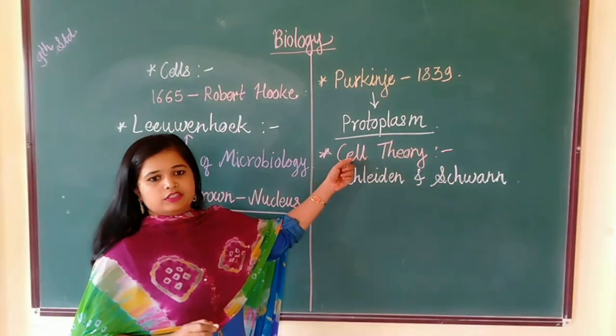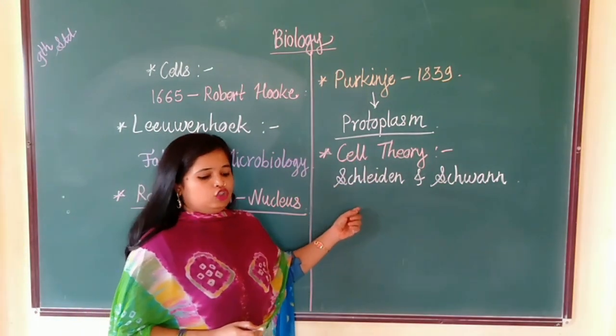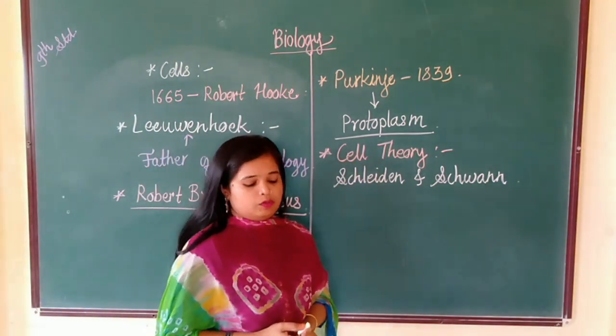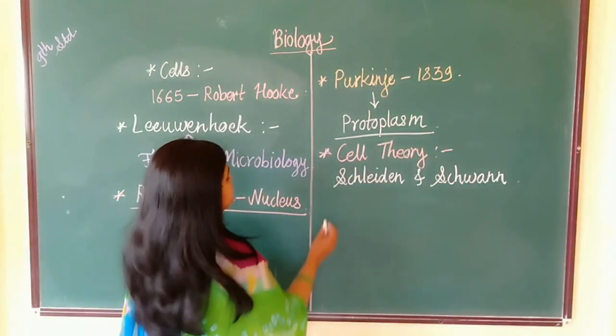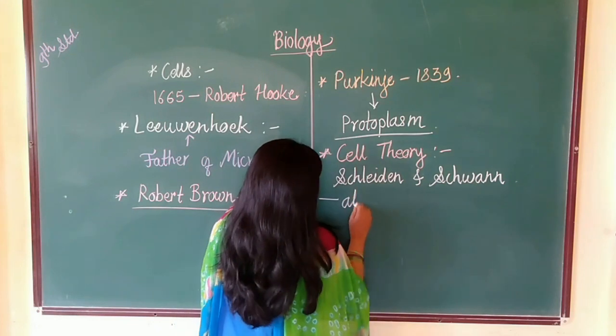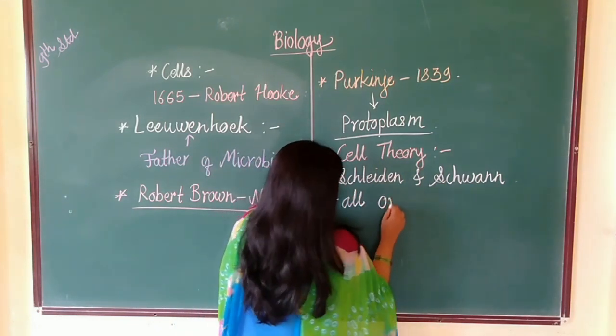The cell theory was given by the scientists Schleiden and Schwann. The key postulates of cell theory are: all living organisms are made up of cells and products of cells. This is the first postulate.